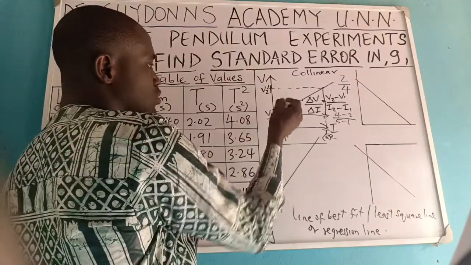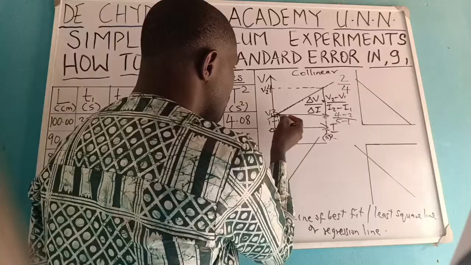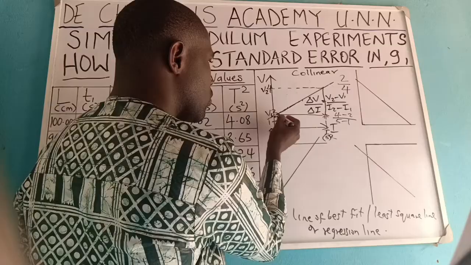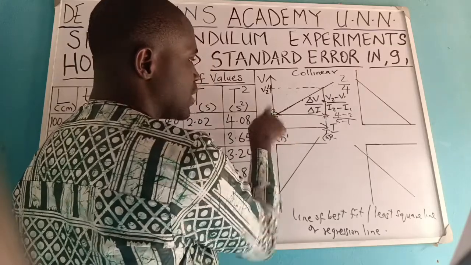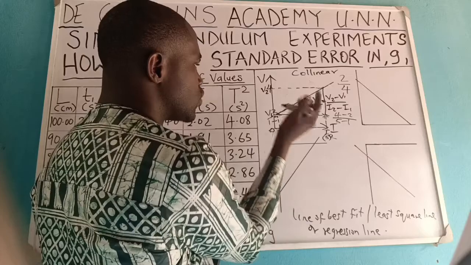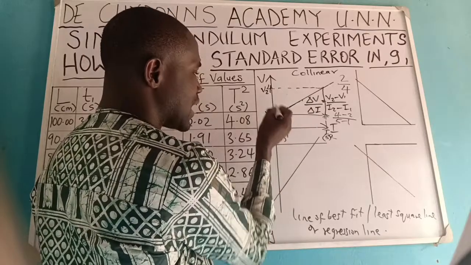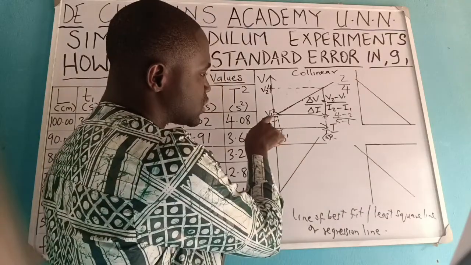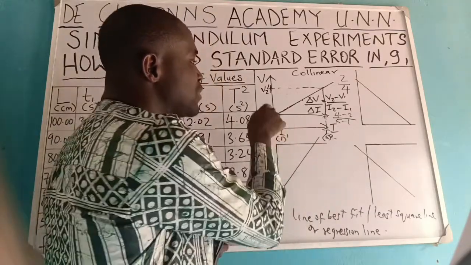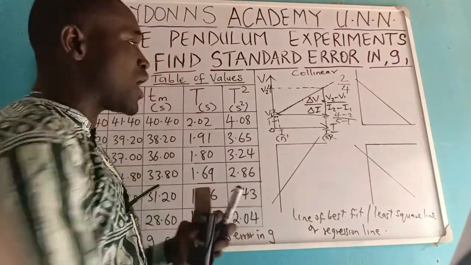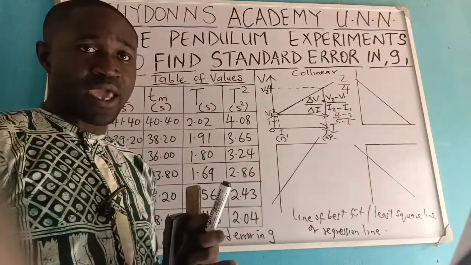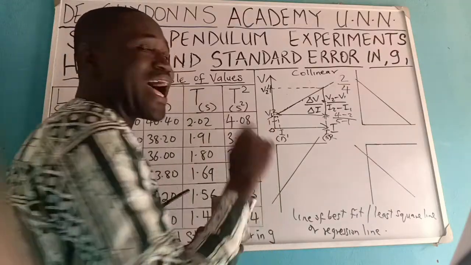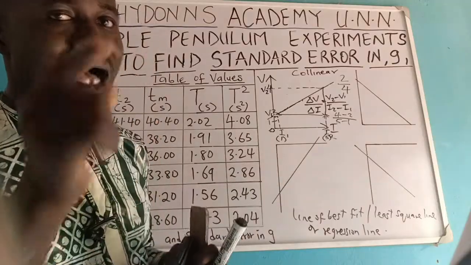If here is 2, it might be approximately 2 itself, because this 2, look at it, is located here. So it might be approximately about 2. Where it meets your vertical axis, check your own graph. We are just using a sketch of a graph here, okay? Where it meets your vertical axis is what you take as your intercept on the vertical axis.